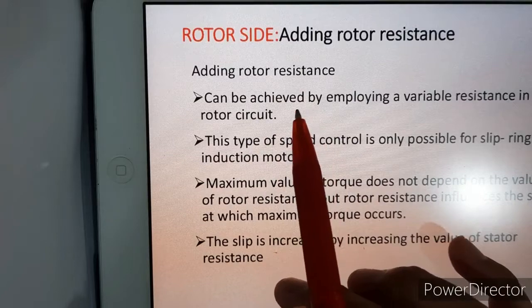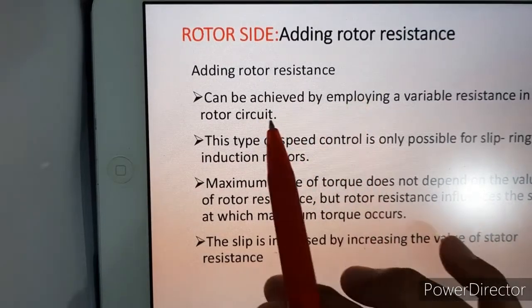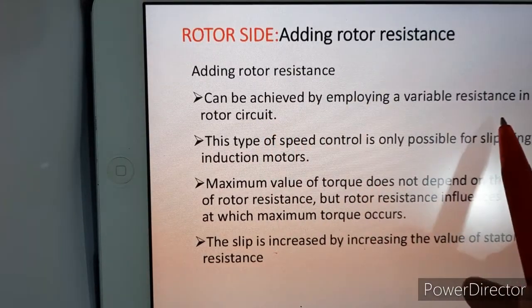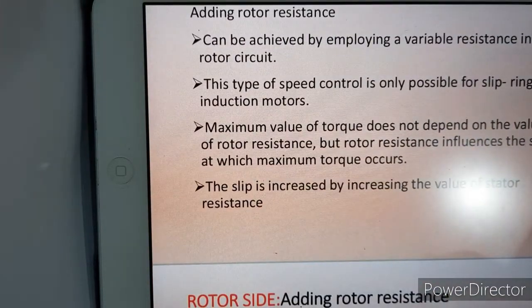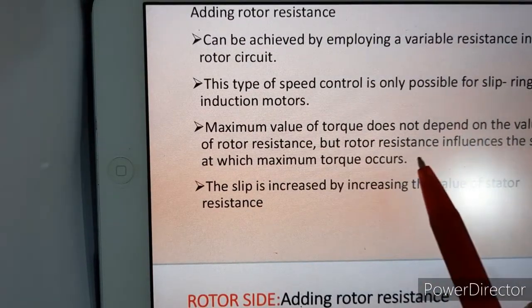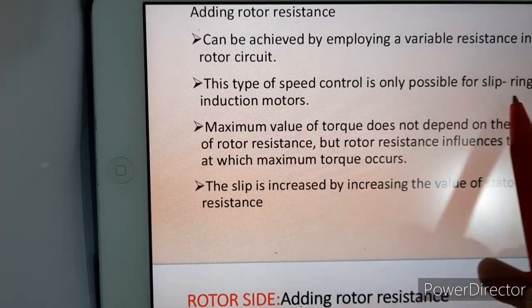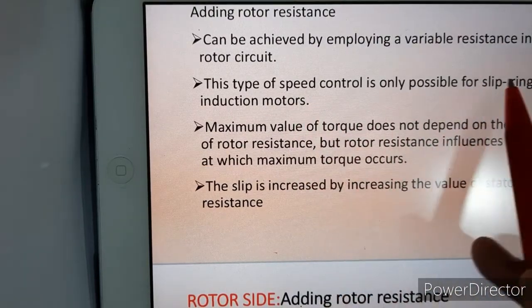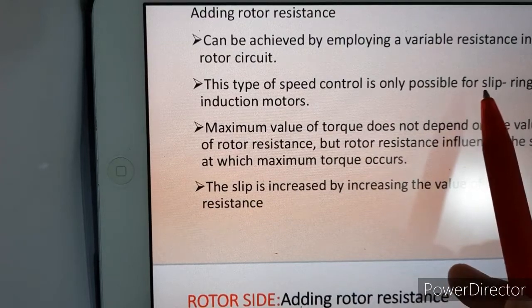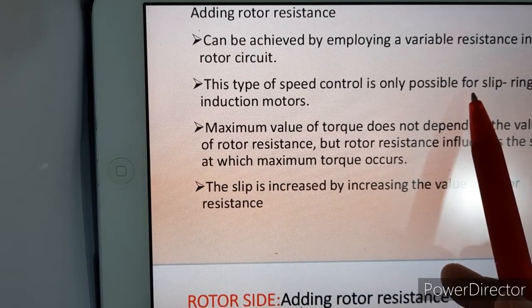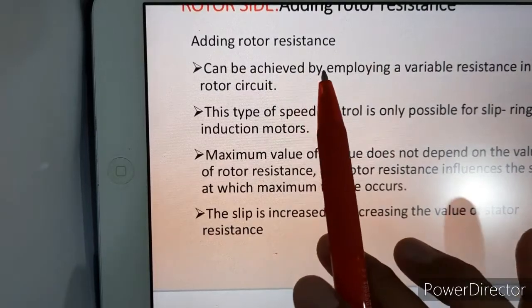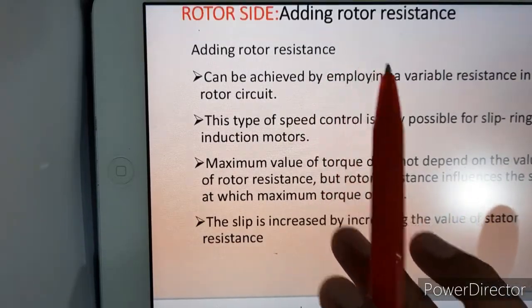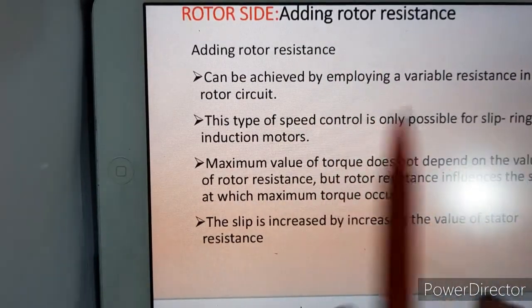Adding rotor resistance can be achieved by employing a variable resistance in the rotor circuit. This type of speed control is only possible for a slip ring induction motor. This is the type of induction motor which is slip ring, and another one is the squirrel cage induction motor. This method is suitable for the slip ring induction motor.